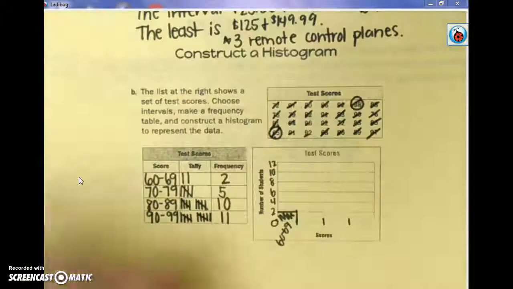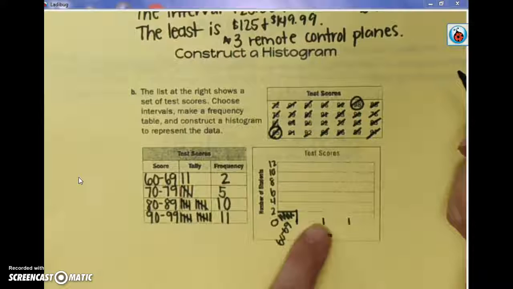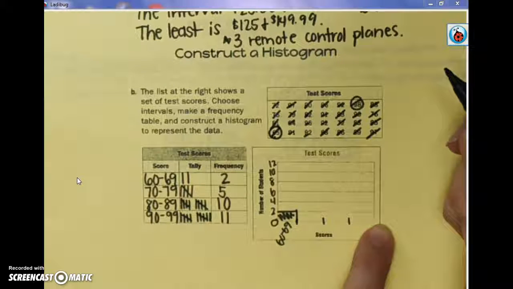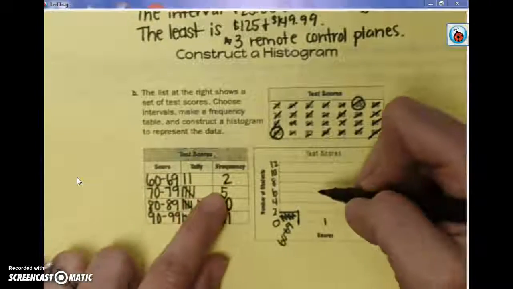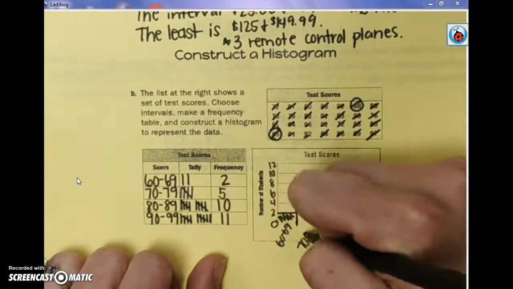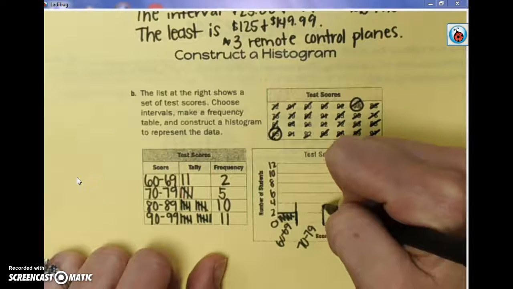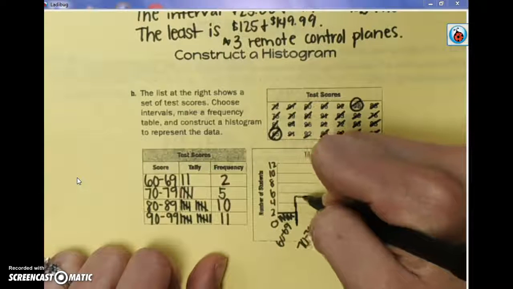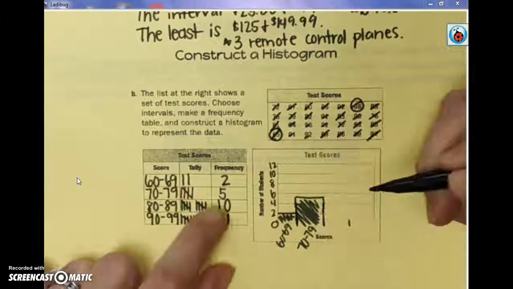You're the one that even told me that there is no space between the bars. Do you guys see how all my bars are going to take up all the bottom? You don't have spaces down along the bottom. How many between 70 and 79? 5. There's not a 5 on here. We're in the middle of the line. Oh, good. You guys have gotten much better with that than the beginning of the school year.